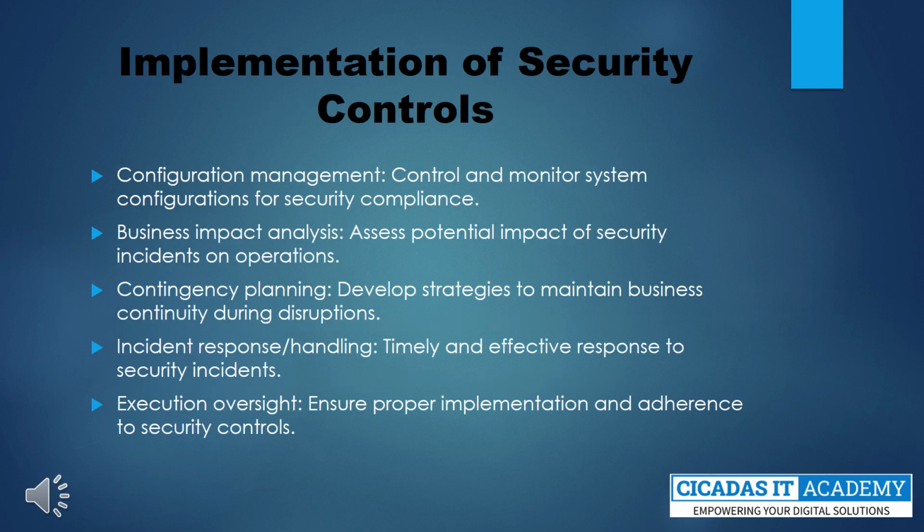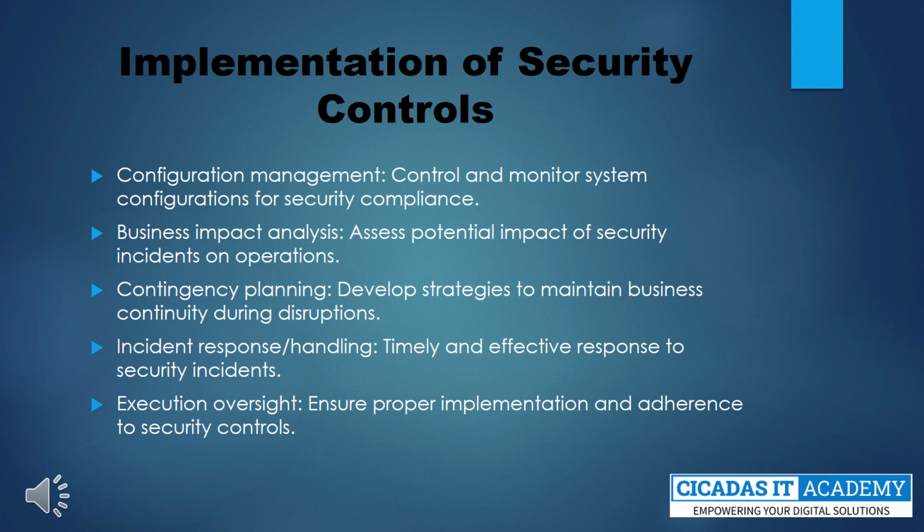Implementing security controls involves a systematic and well-planned approach. It begins with a thorough understanding of the organization's requirements, risk assessments, and compliance obligations. The implementation process includes selecting appropriate controls, integrating them into existing systems and processes, configuring them correctly, and ensuring compatibility with the organization's infrastructure.